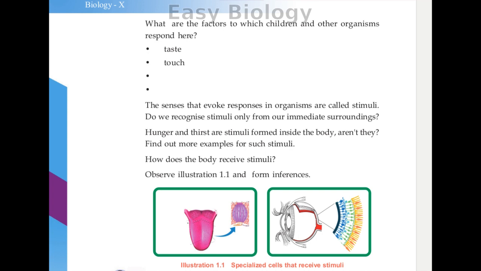The examples are taste, touch, sound, heat, light, cold, smell, etc. The stimuli that are formed inside our body are known as internal stimuli. Examples: hunger, thirst, and headache. So the stimuli are of two types: external stimuli and internal stimuli.